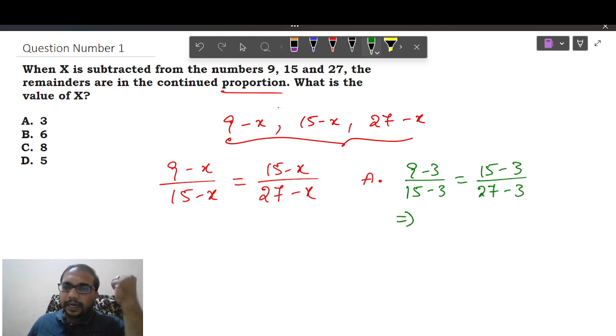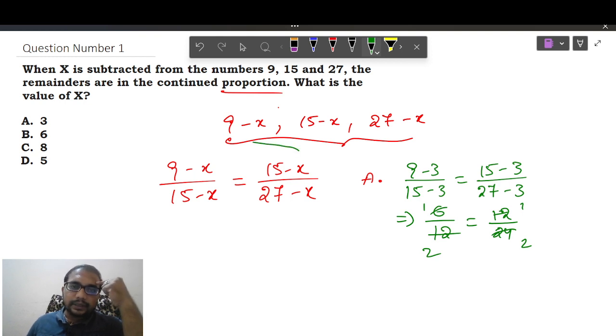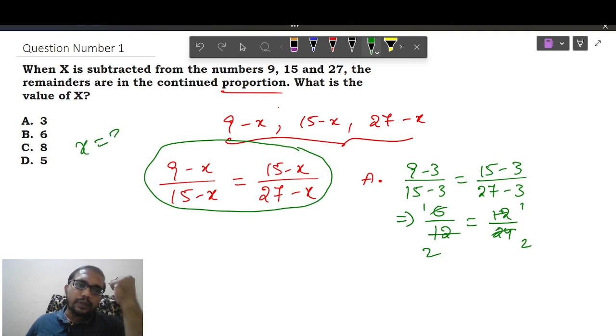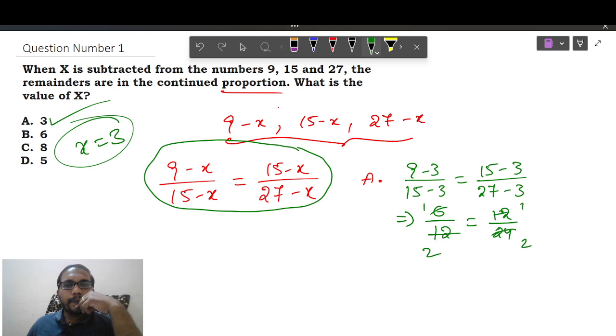Is it satisfying the condition or not? You need to check. 6 by 12 is equal to 12 by 24, right? Yes. 1 time, 2 times. Here also 1 time, 2 times. 1 by 2 is equal to 1 by 2. You are getting that, which means this equation is satisfied by x value equal to 3. So your answer is option A.